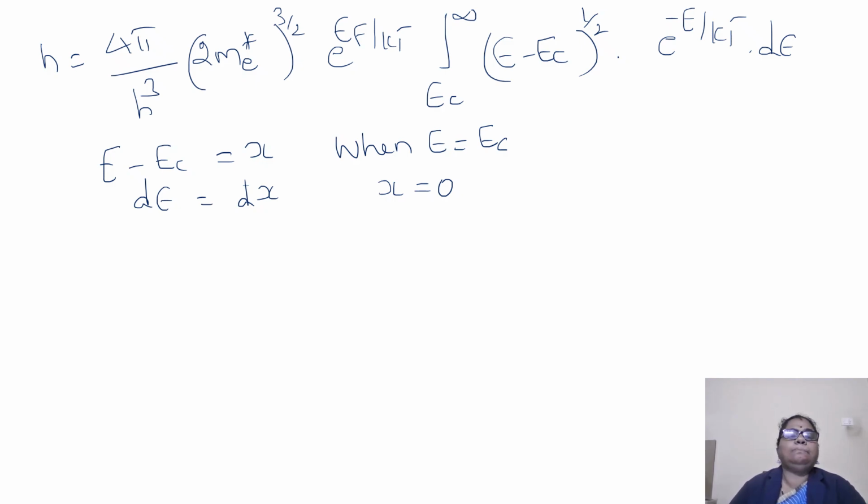In the same way, when E tends to infinity, we can substitute this here. So what happens? Infinity minus Ec is equal to x. So when E tends to infinity, x also tends to infinity.